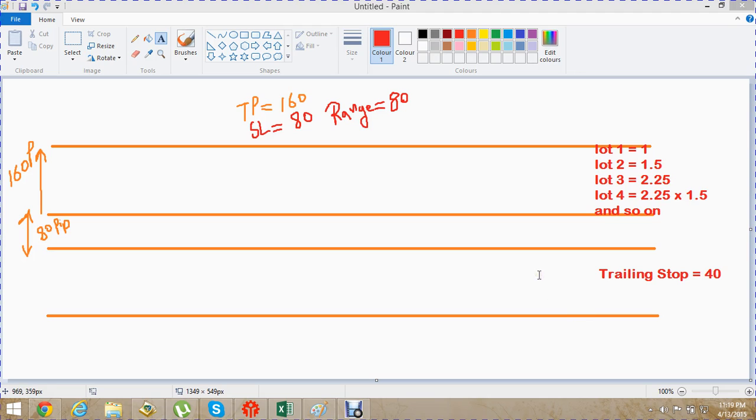For this trading strategy, we are basically using a take profit of 160 pips, a stop loss of 80 pips, and our range will be 80 pips.